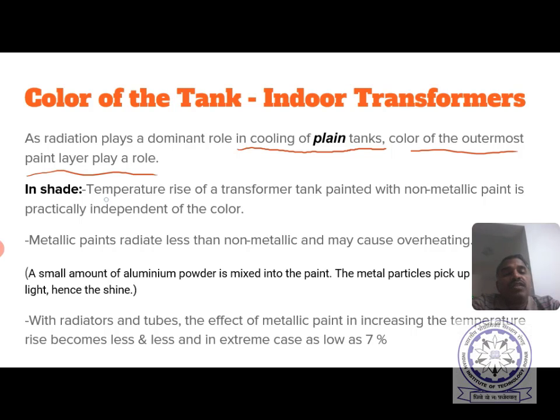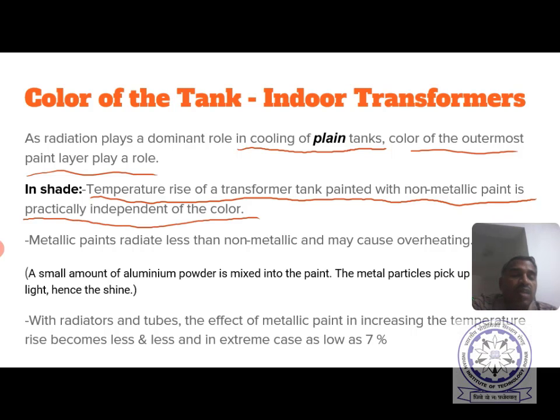In shade, meaning an indoor transformer kept inside a room or an enclosure, the temperature rise of a transformer tank painted with non-metallic paint is practically independent of the color. So all non-metallic paints have very good radiation property when they are in shade.